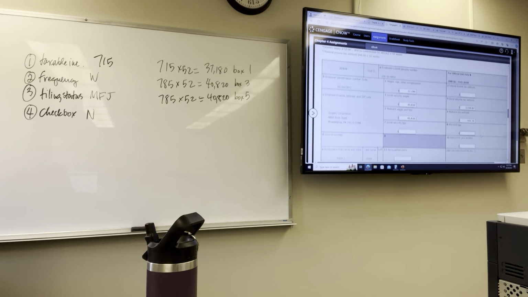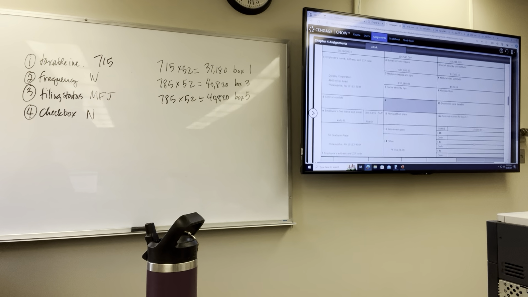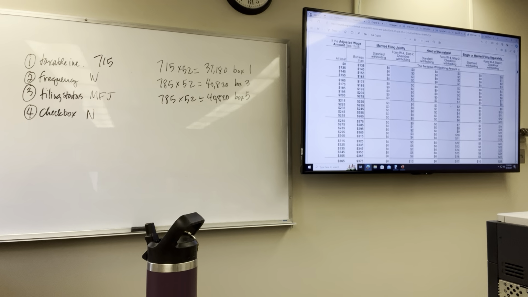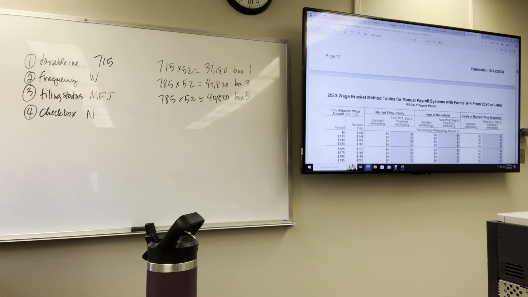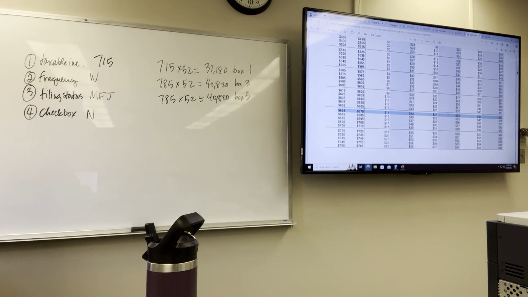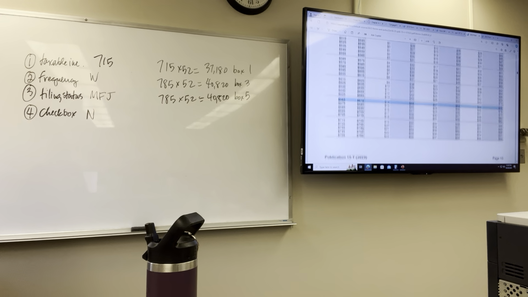Okay, we've got to calculate our federal income tax withheld here. So I'm going to use this information to determine how much was withheld on a weekly basis. We'll go back to our table. So weekly, married filing jointly, 715 is what we're going to use.